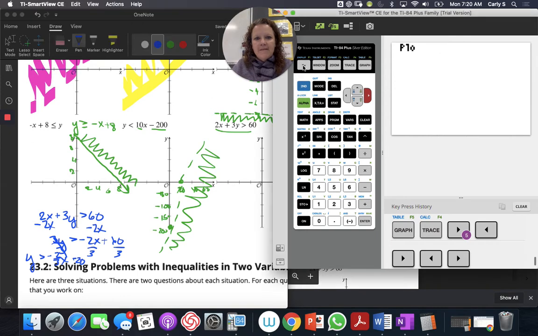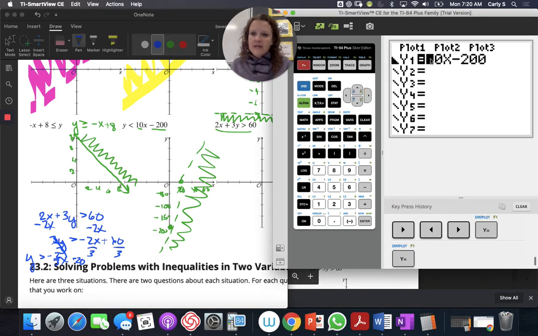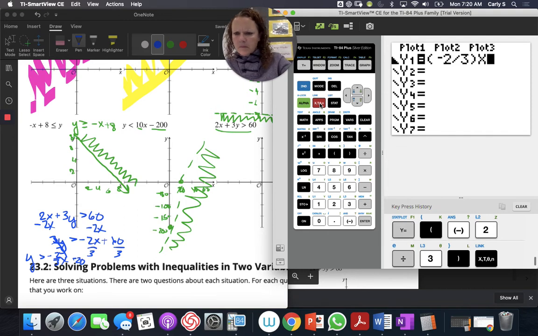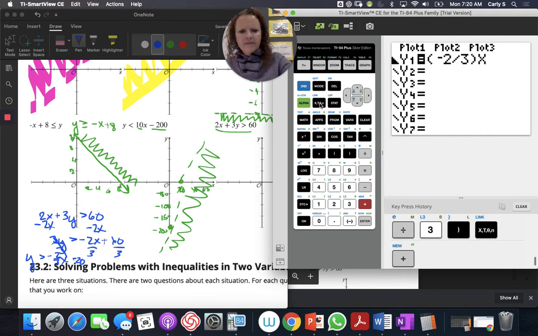So let's try that. I know this is taking way more time than it usually does. I'm going to put some parentheses in there because I want my slope to be all connected. Negative 2/3 x plus 20.